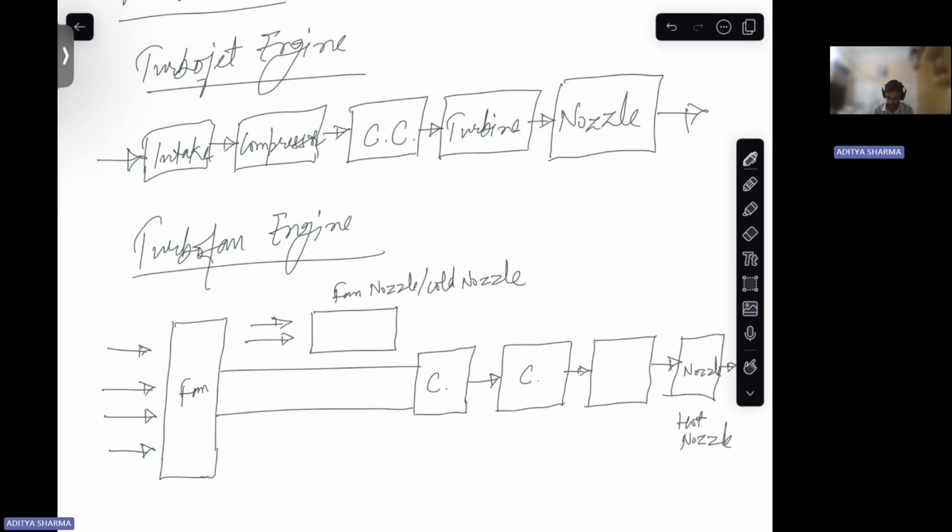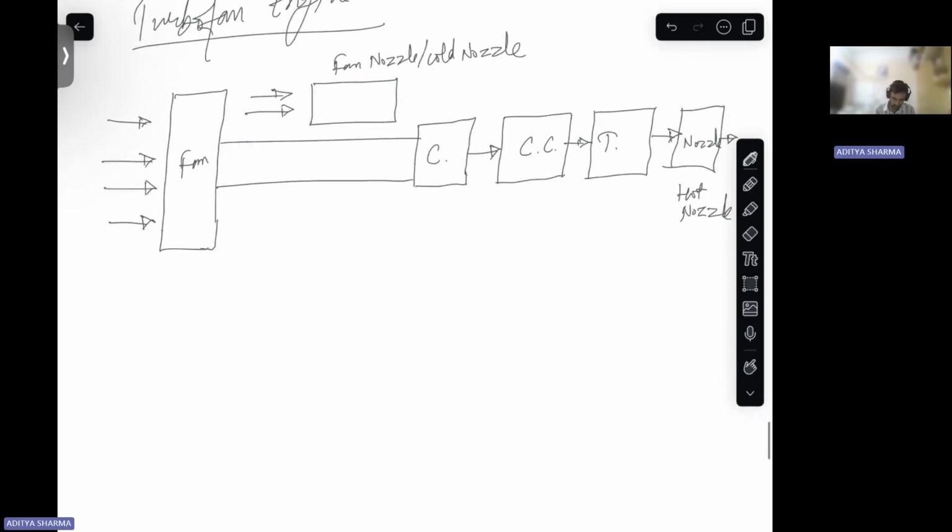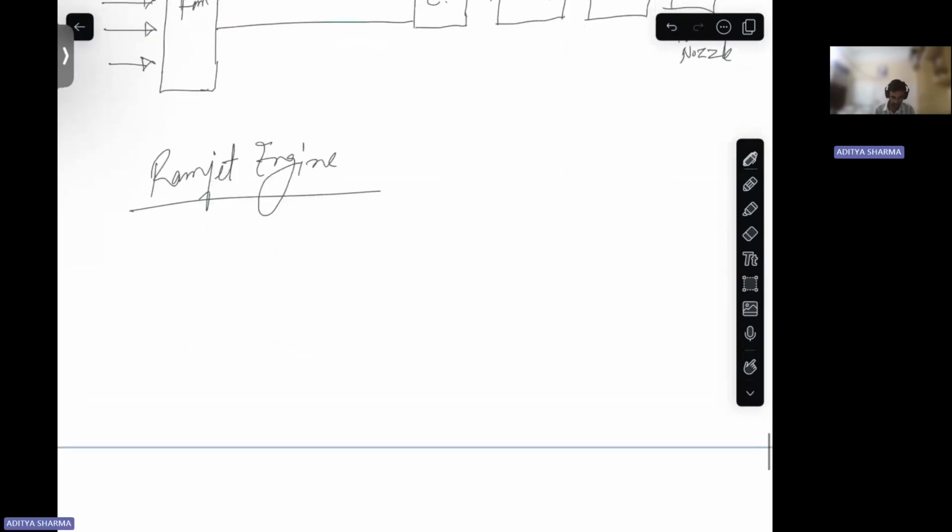This is a compressor, this is a combustion chamber, this is the turbine. So this is your turbofan engine and its components. Then if you see your ramjet engine, your ramjet engine somewhat looks like this.